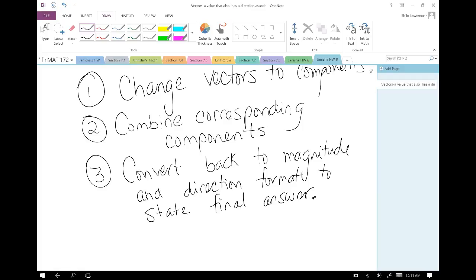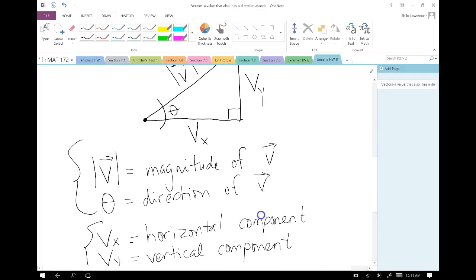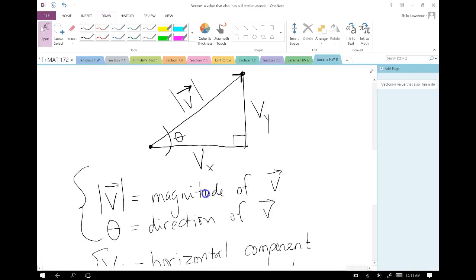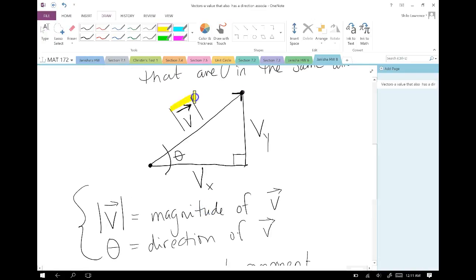So if you look at this triangle again, to start the problem, we're going to know magnitude and direction. We're going to know the hypotenuse and we're going to know one of the angles. And we're going to want to solve for those legs.